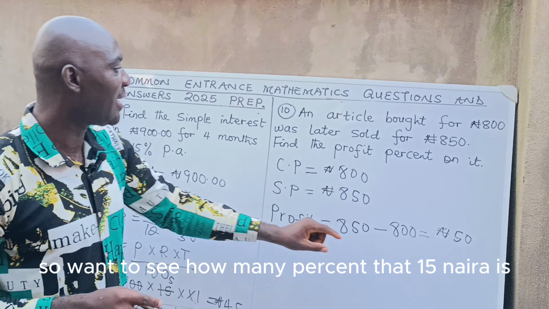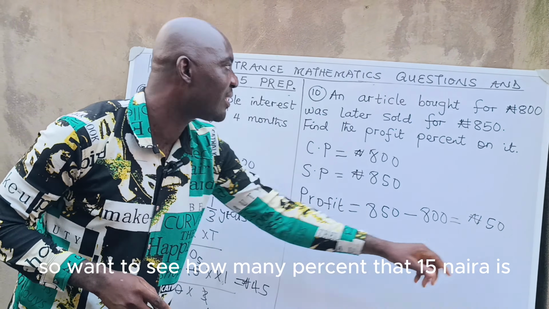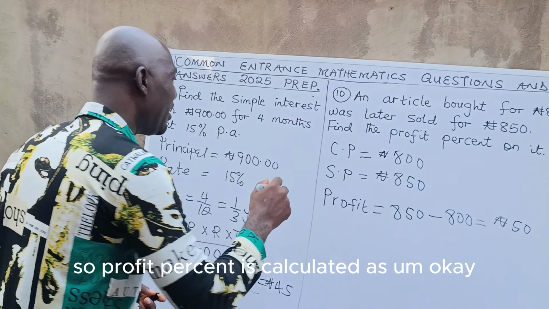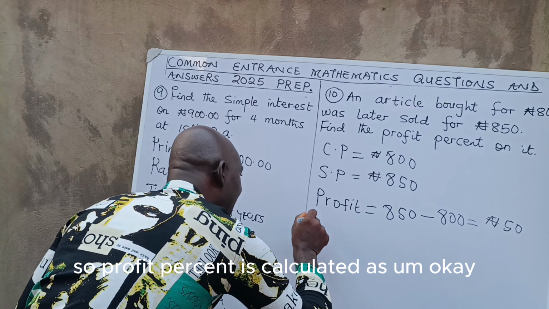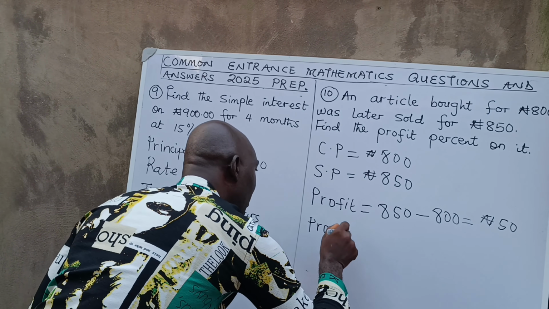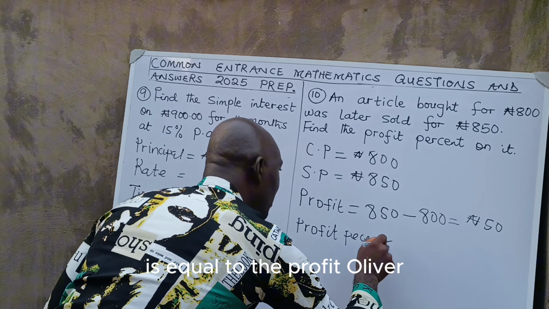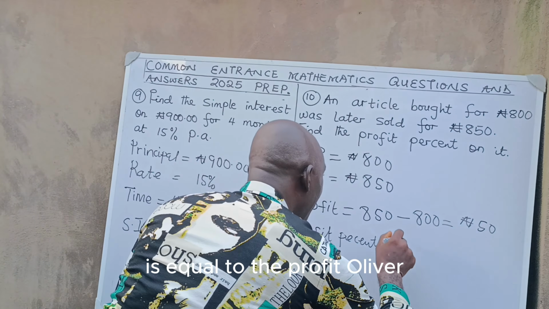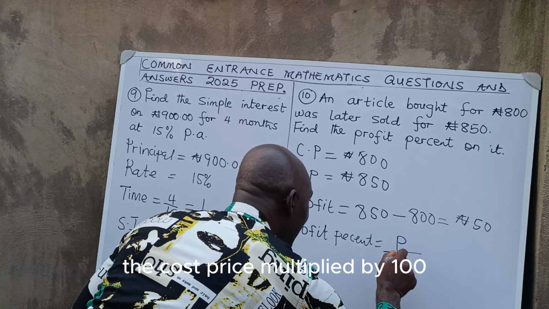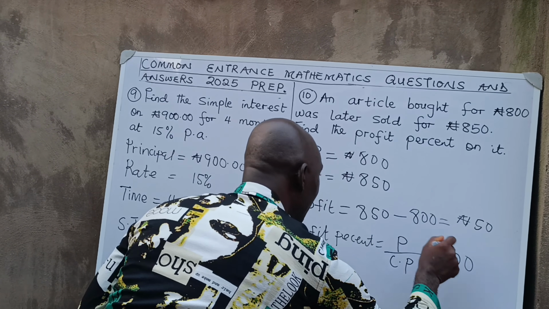So we want to see how many percent that 50 naira is in terms of the cost price. So profit percent is calculated as the profit all over the cost price multiplied by 100.